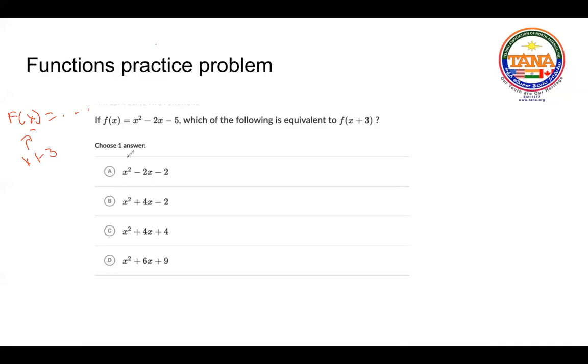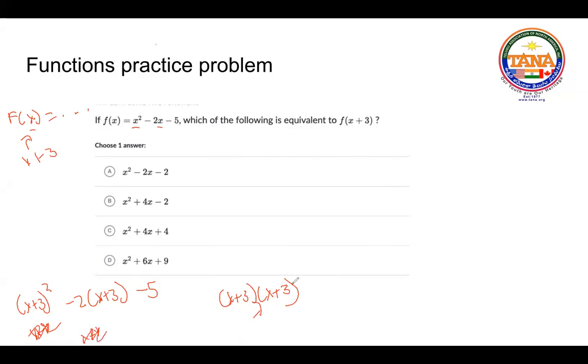So you replace each of these instances of x with x plus 3. So you have x plus 3 squared minus 2 times x plus 3 minus 5. Remember, you can't just immediately square these and say it's x plus 9. What you have to remember is that it's x plus 3 times x plus 3. X plus 3 squared is this and not just x plus 9.